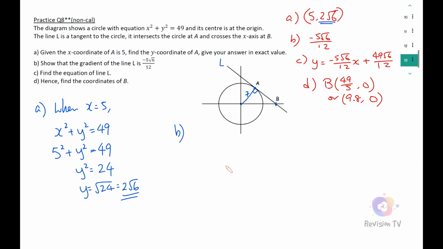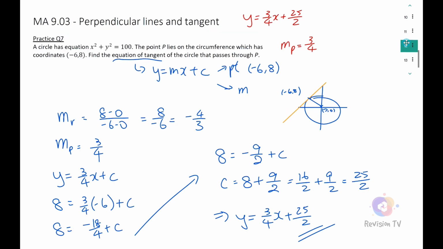Show that the gradient of line L is negative 5 root 6 over 12. To find the gradient of the tangent line, you find the gradient of the radius and then take the negative reciprocal.